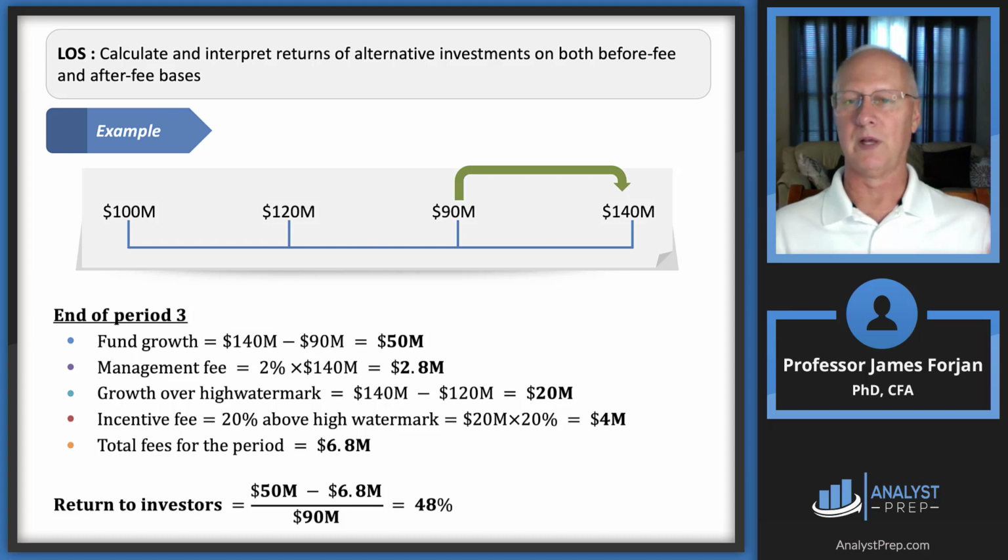The good news is that we made $50 million. But we have to pay the management fee, so 2% of the ending value, so that's 2.8 million. And then we need to get our recent capital gain, so there's the 120 to the 140, there's the difference of 20 million over that high water point. And we're doing 20% of that $20 million, right?